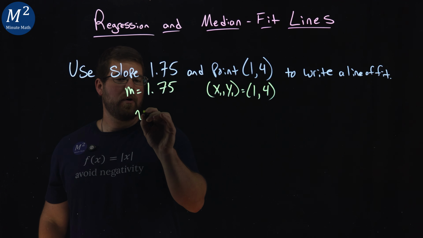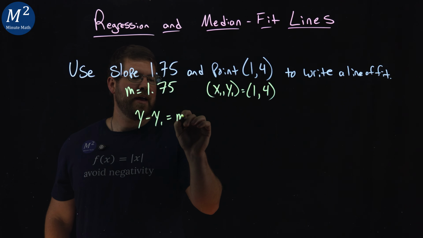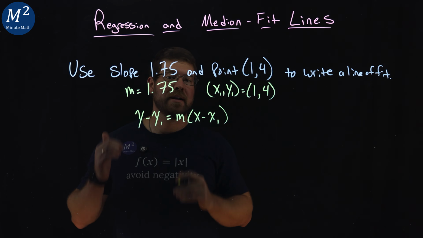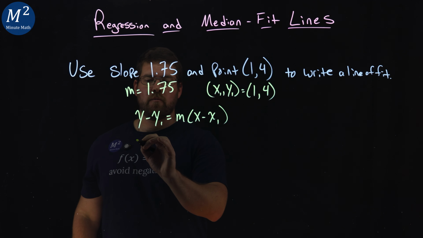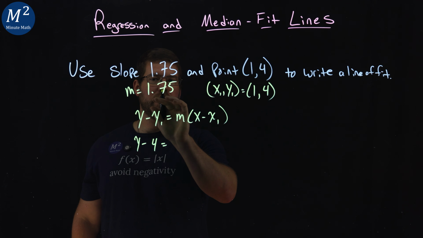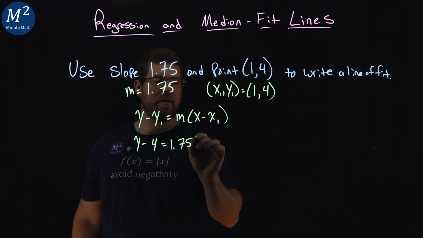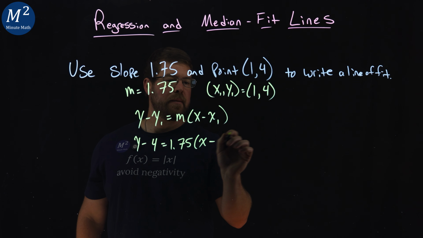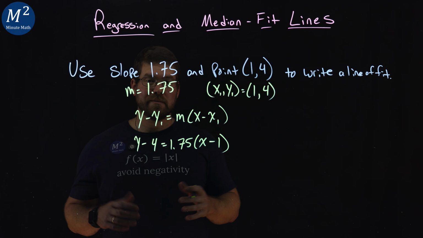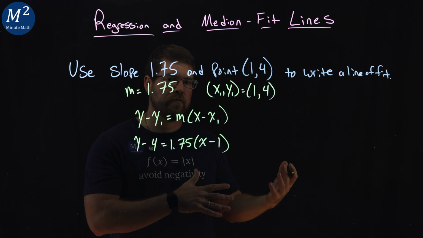That form is y minus y1 equals m times x minus x1. We're just plugging in what we know here. So we have y minus 4 equals our slope, 1.75, the m value, times x minus 1. Now from here, let's write it in slope-intercept form.